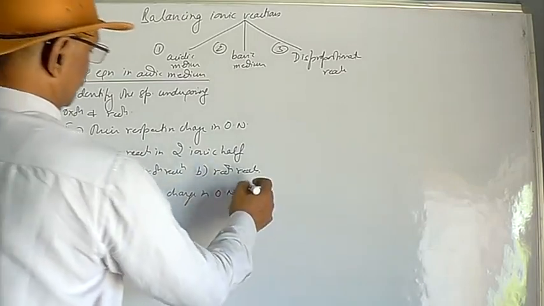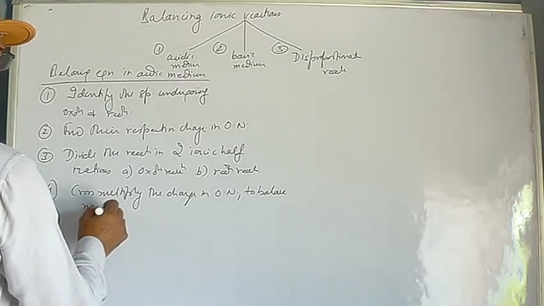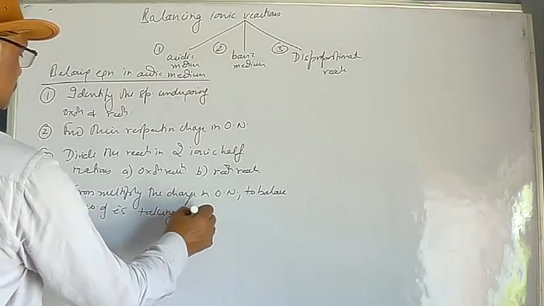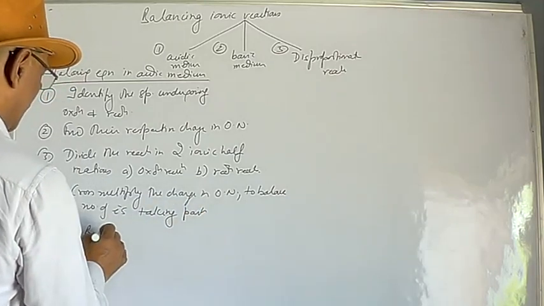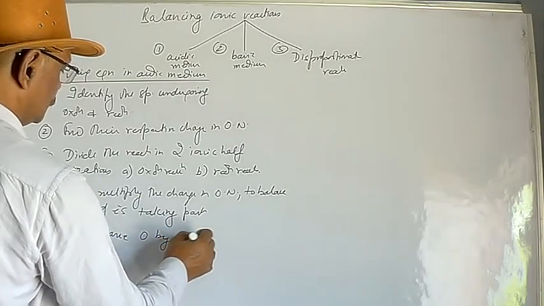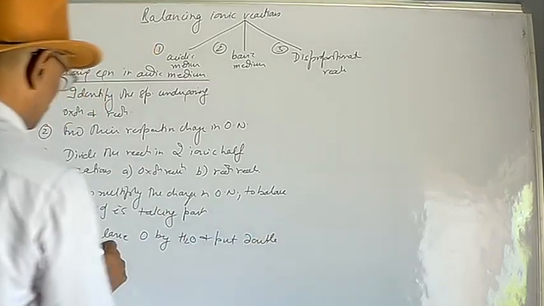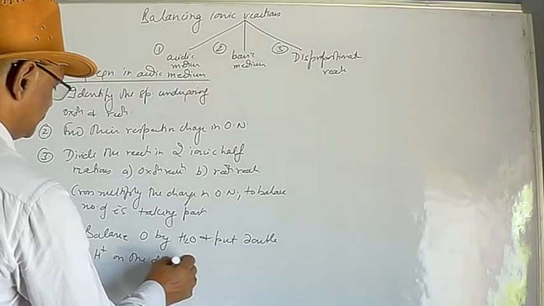Why we are cross multiplying the change? To balance number of electrons taking part. And the last step, balance O by H2O and put double H positive on the opposite side.